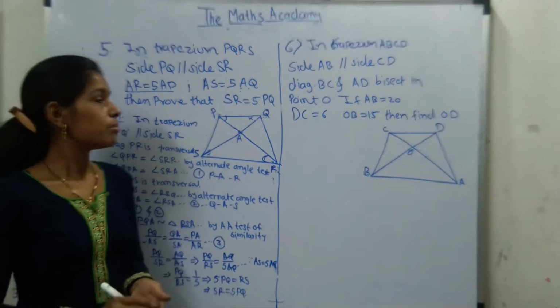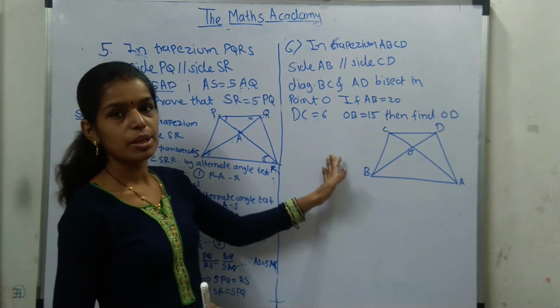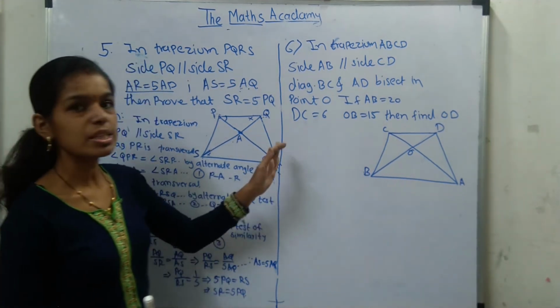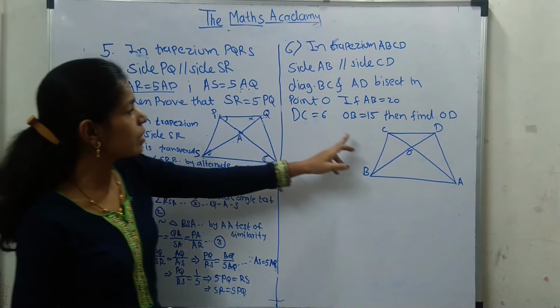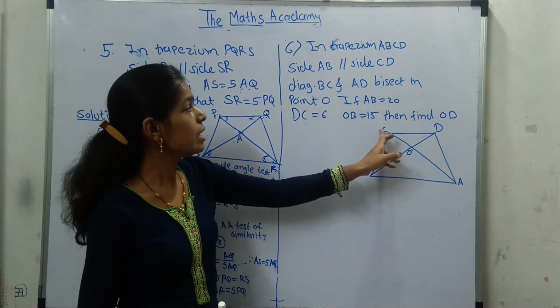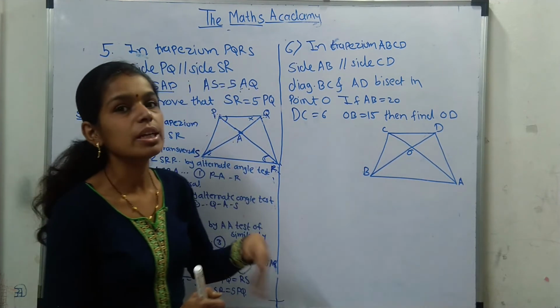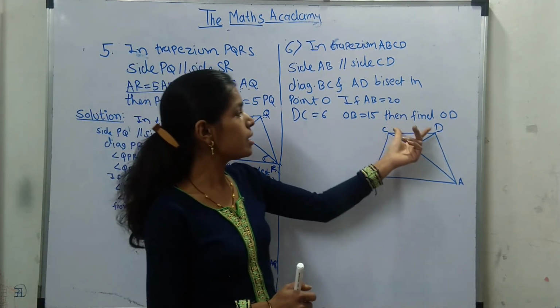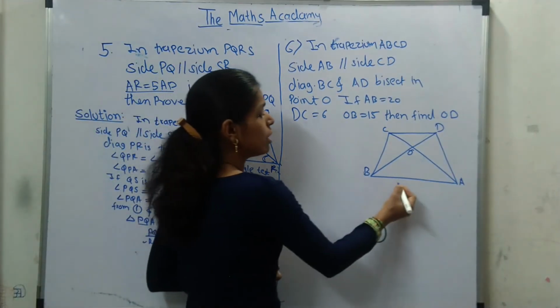Now students, based on the same concept we have to apply in the sixth example. That's why I have written both examples simultaneously. This is the sixth example in which you have been given the trapezium ABCD, in which AC and BD are the diagonals, which will be the transversals for the parallel sides CD and AB. Here you have given that AB is equal to 20.